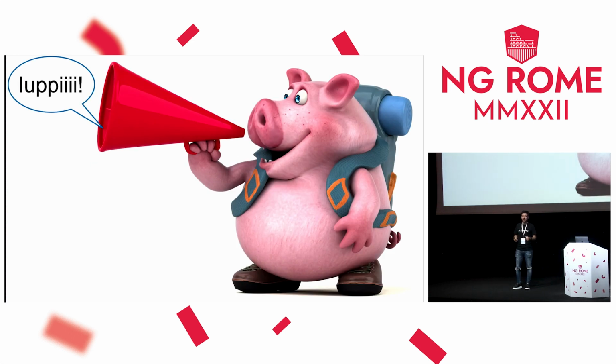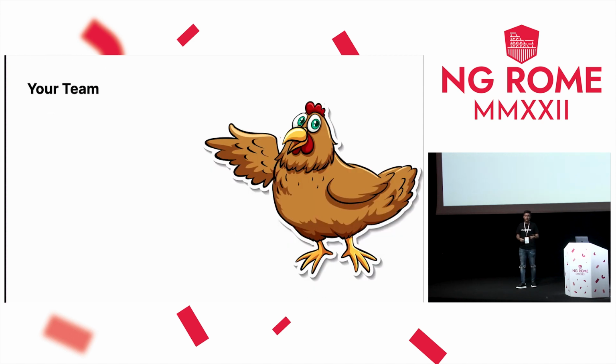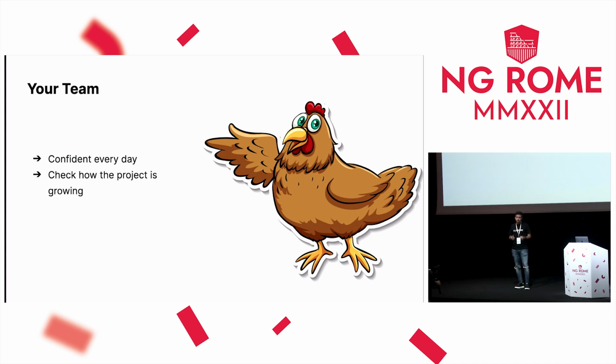Now he's happy, and he's confident to build the new feature after the first onboarding day. But the benefits are also for Nara and for all the team, because every day the team is confident about the code base, and every day they can check how the project is growing, and you can also compare an old commit with the current head to see how the project is changing.